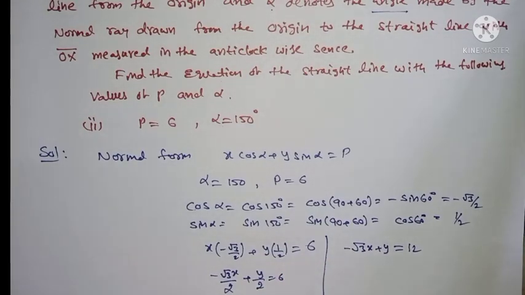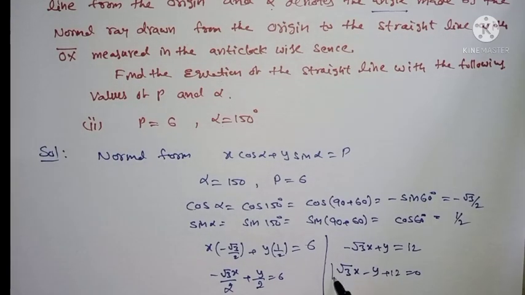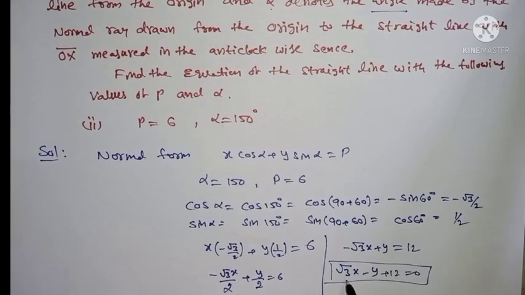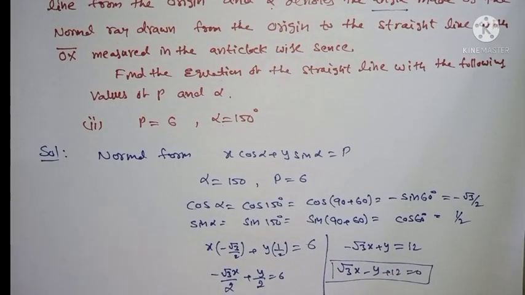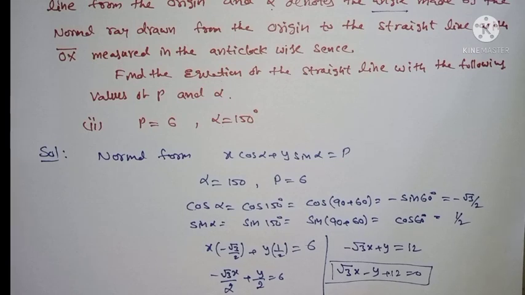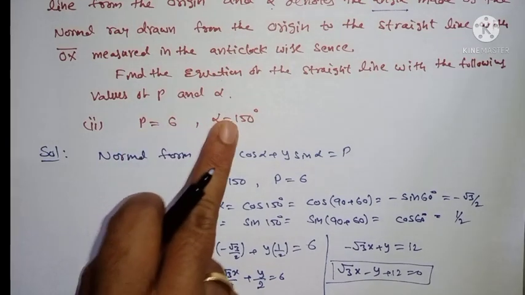Again this can be written as root 3x minus y plus 12 is equal to 0. You can take minus common, you get root 3x minus y, and bring this 12 to this side, plus 12 is equal to 0. This is the equation in normal form when P and alpha are given.